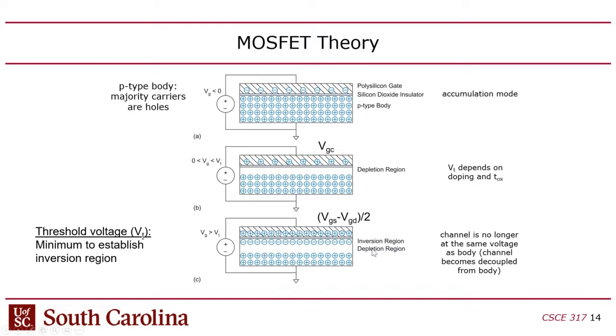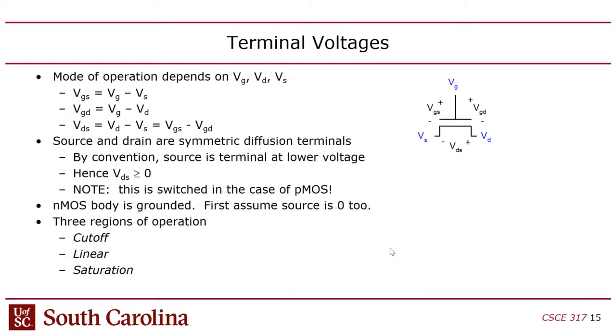Now the problem is that this works fine until the voltage potential between the source and drain starts to become too high. Once that happens, the channel will get killed. It'll get pinched off. So what that ends up doing is it creates 3 modes for a transistor.